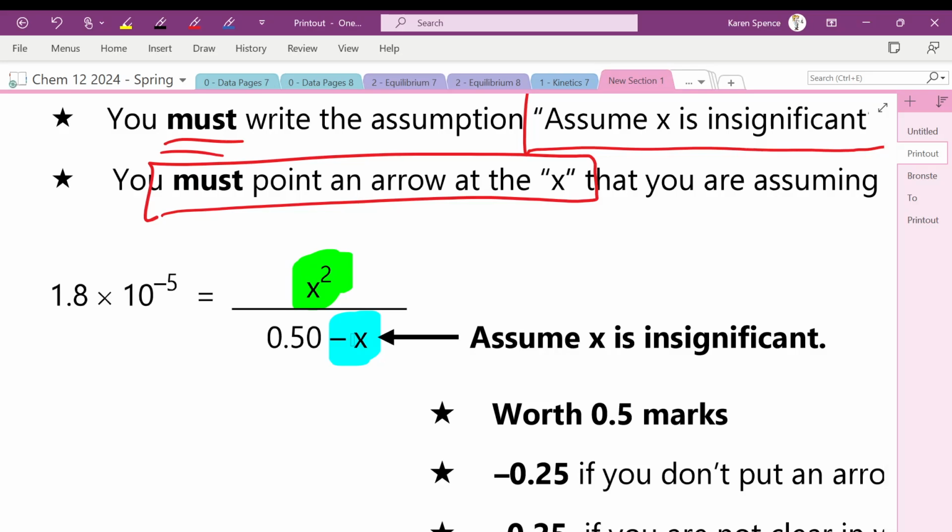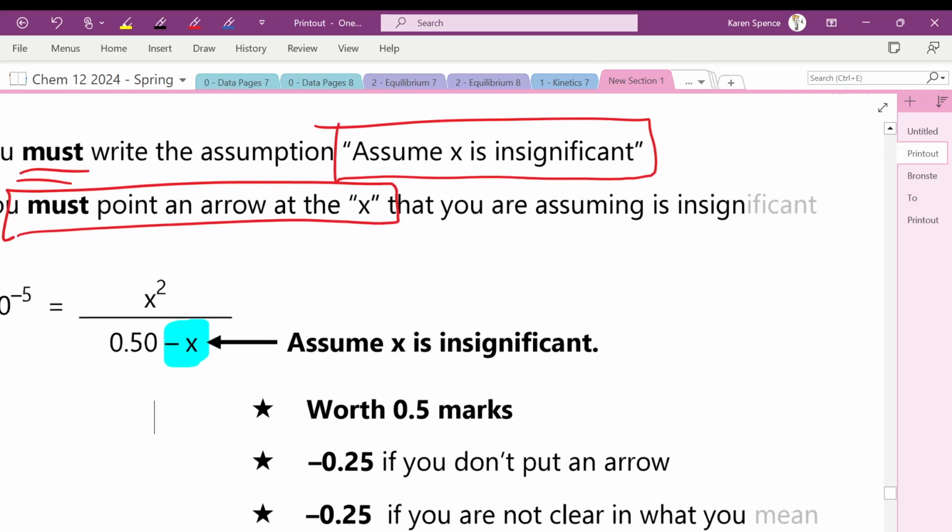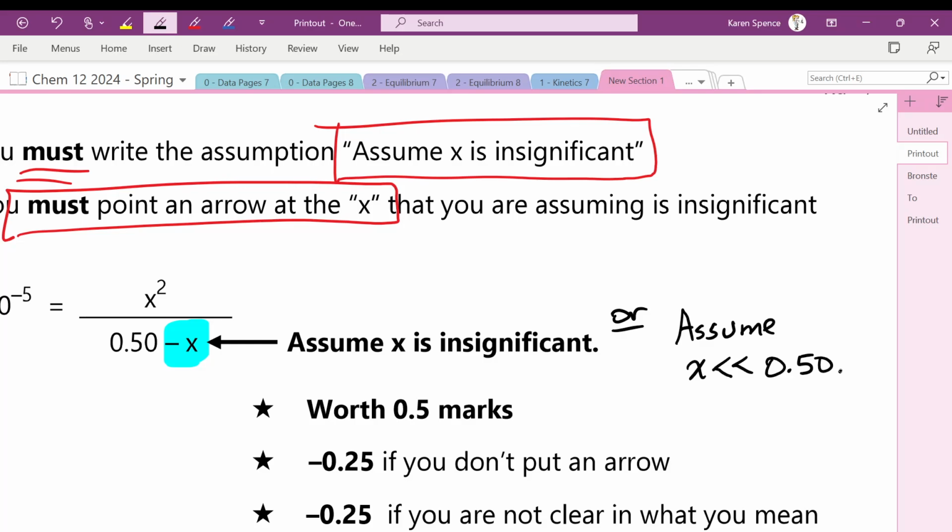Yes? And in fact, that's another way of writing the assumption if you want to. You could say assume X is much, much less than, two less than signs, 0.50. That's another way of writing it, if you prefer not to write assume X is insignificant. Either way will work.